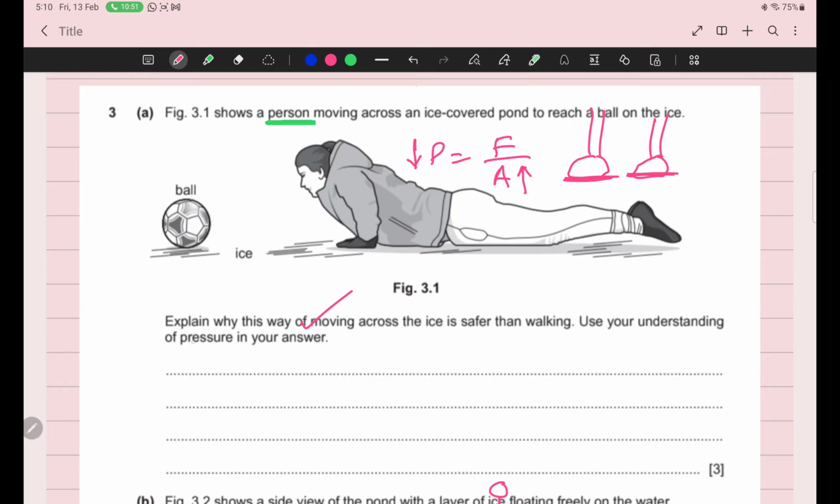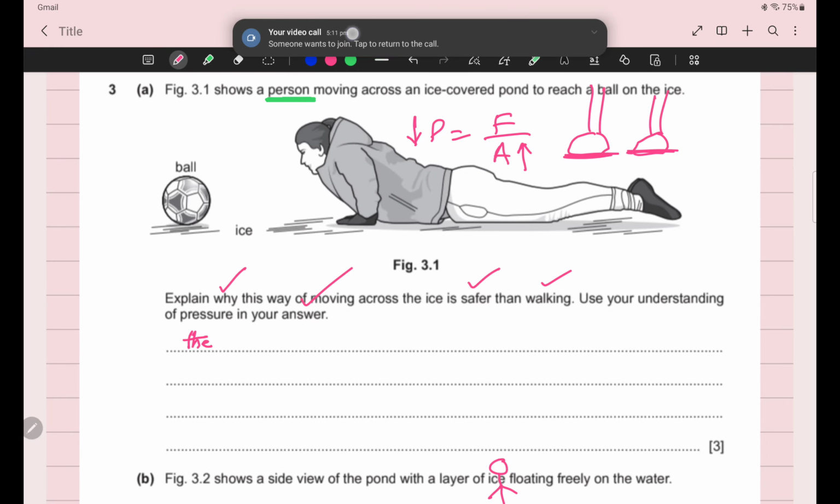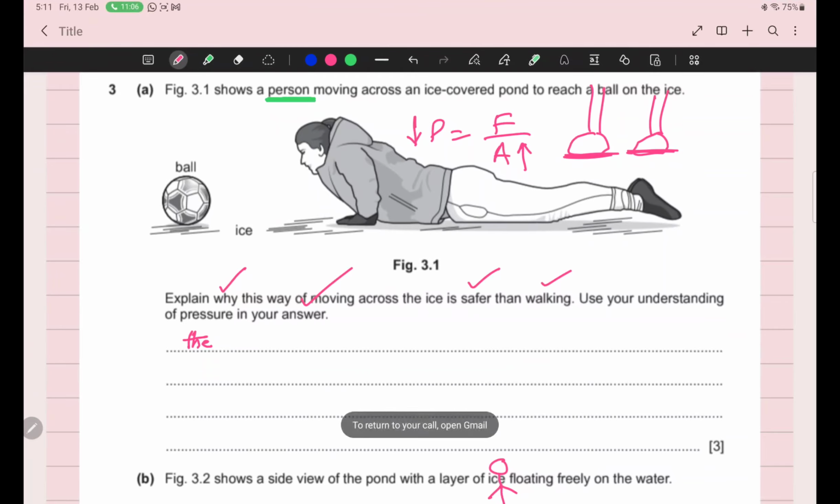So the question is again, why is this safer than walking? The answer is the weight of the person is constant. Weight cannot be changed. Weight is a force.